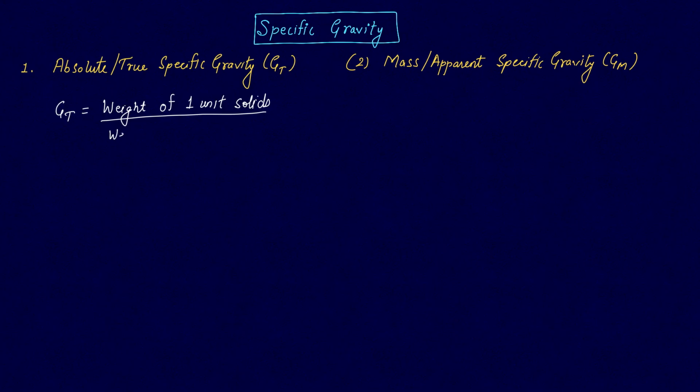Obviously here the standard material is water only, same as we used to take in fluid mechanics. Please understand that when I say 1 unit, it means 1 unit volume of solids and 1 unit volume of water. So here the unit is of volume.